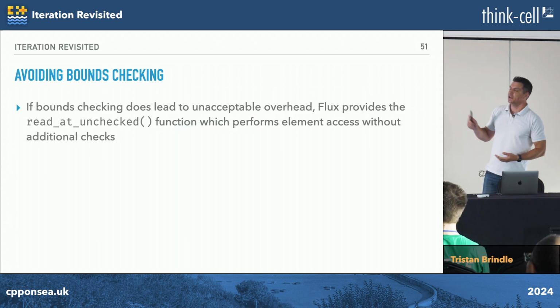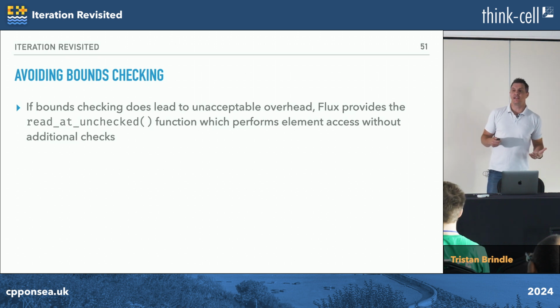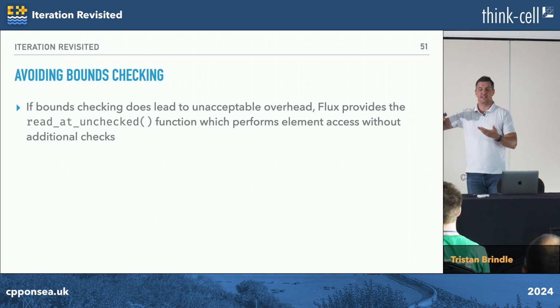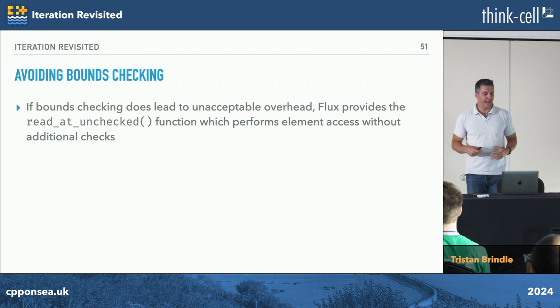Flux provides another optional customization point that's called read at unchecked. And this does exactly what you think it does. It does a read operation without any bounds checking, right? So this is an unsafe operation. It's the equivalent of just the square brackets operator on an array.